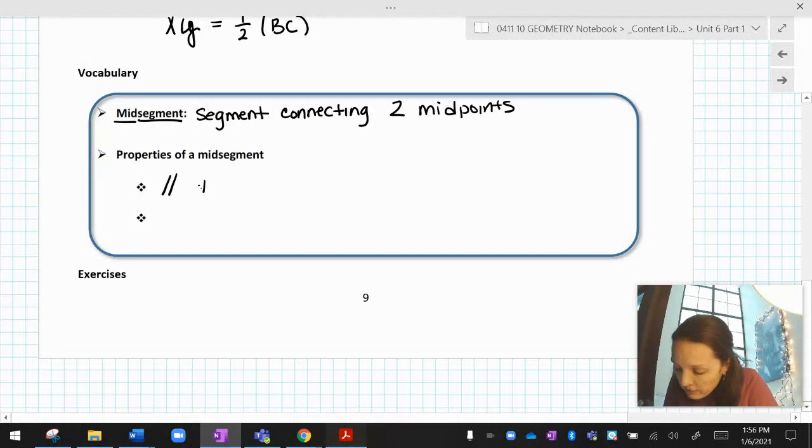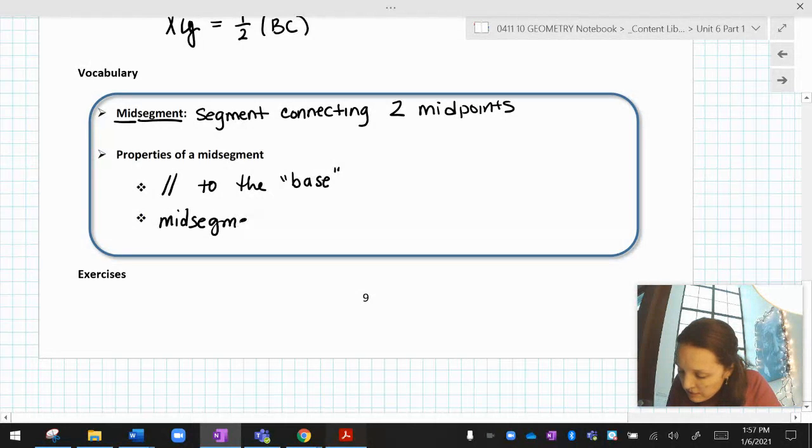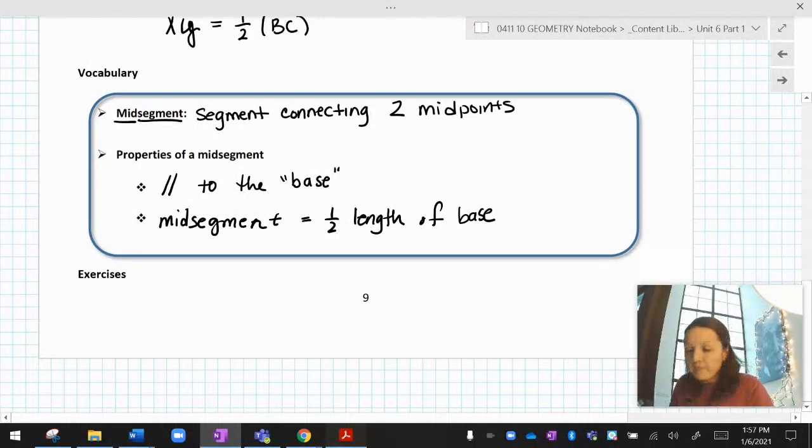It is parallel to the base of the triangle, and it doesn't always have to be the bottom. It's just basically going to be parallel to one of the remaining sides. And the midsegment is half the length of that base. All right, parallel to the base, half the length.